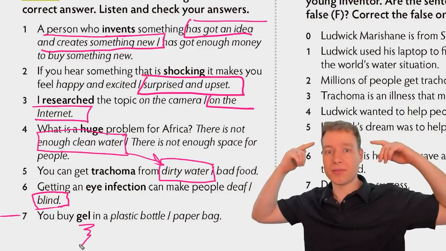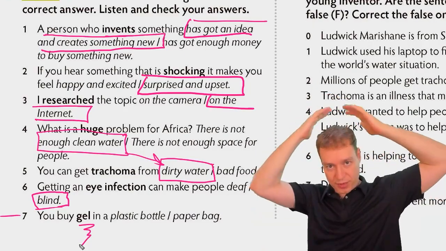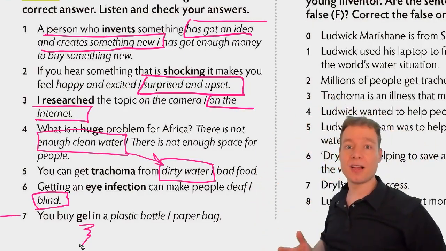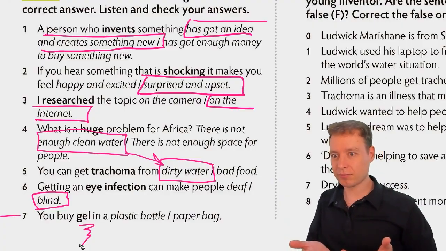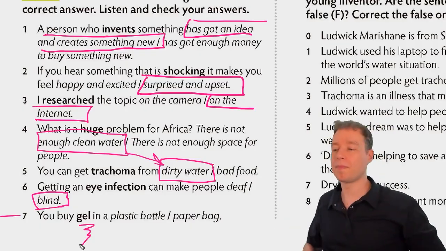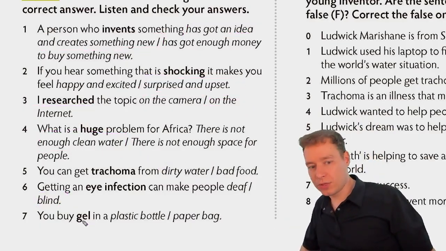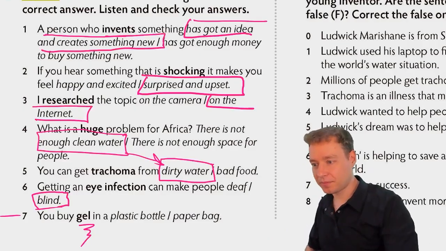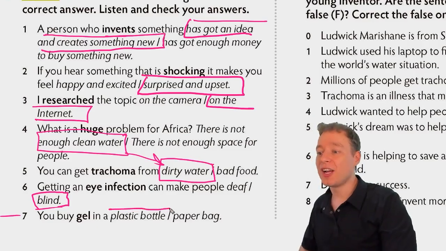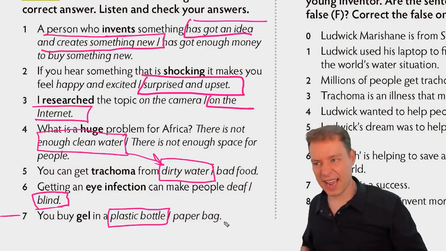Shampoo. 洗头发的那个东西 is gel. 这样的不是水，也不是水，就是 gel 吧。Would you buy that in a plastic bottle or a paper bag? You would for sure buy that in a plastic bottle. If you bought gel in a paper bag, the paper bag would get all wet and nasty.